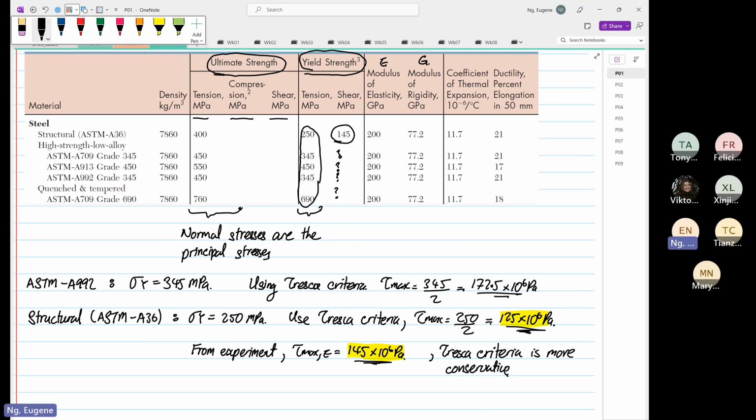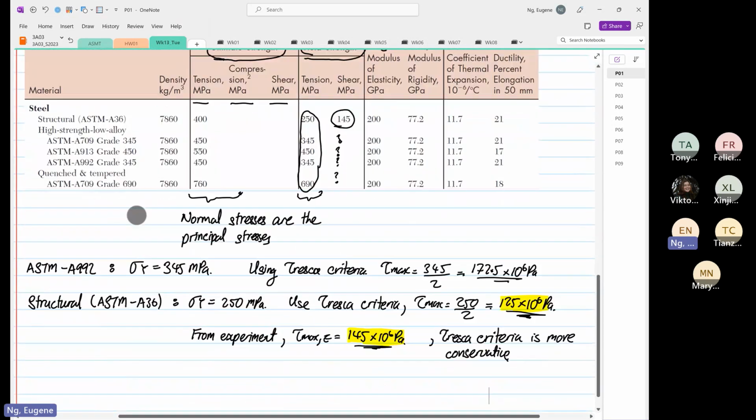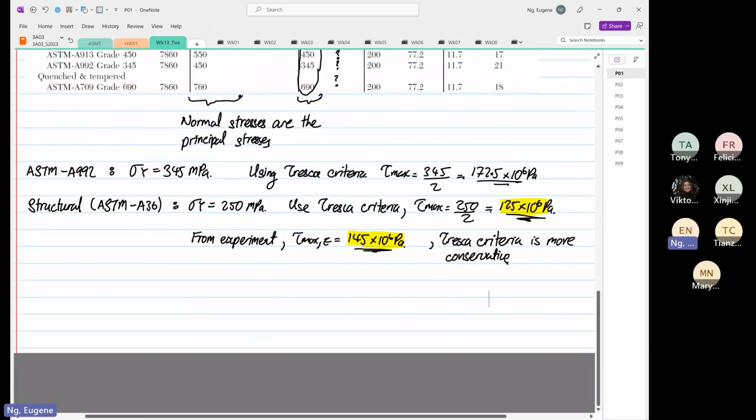Now, Tresca's criteria, which I've written earlier, is equal to stress yield divided by 2, which is the experimental value. Now, based on analysis, tau max A is equal to half of your stress max.